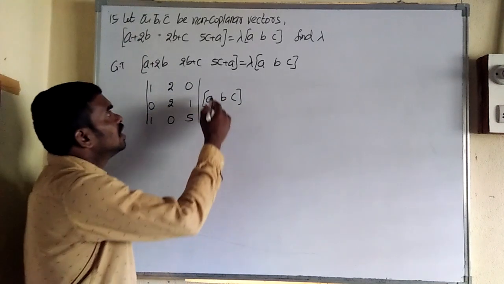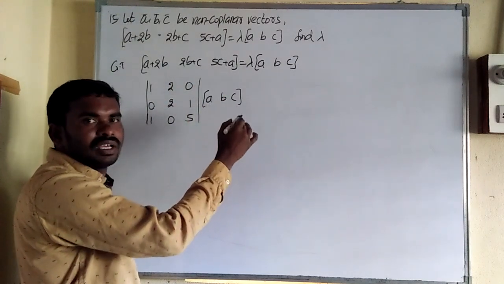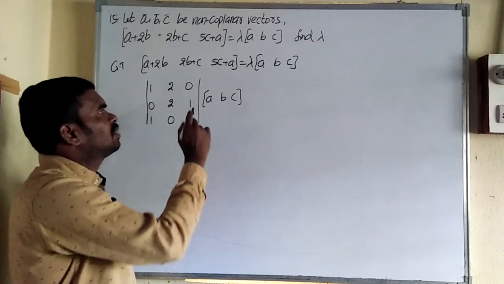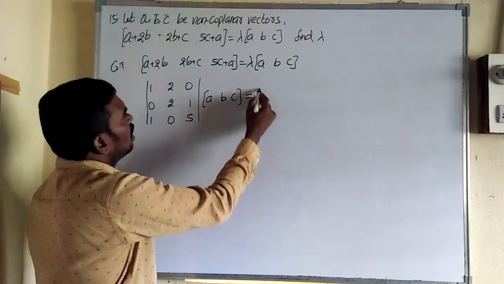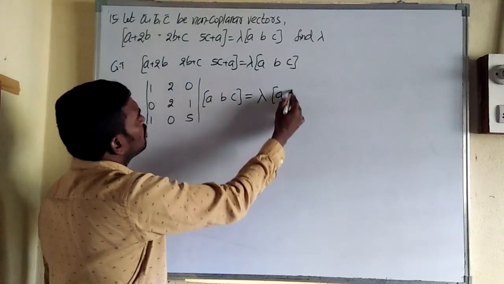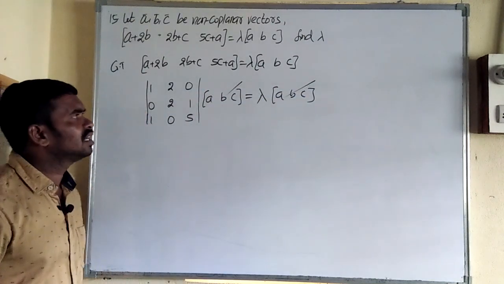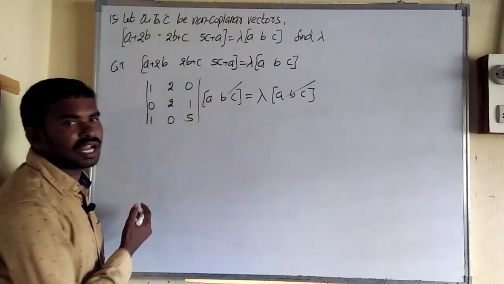We should compulsorily write it. If it is in terms of i, j, k, there is no need to write box i, j, k, because box i, j, k is always 1. But for box A, B, C we can't say, as it is equal to lambda into box A, B, C. So now box A, B, C on both sides gets cancelled. Now simplify this, and lambda is what we get.